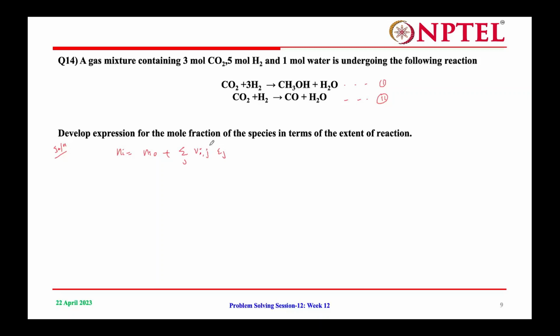Right. And to calculate the mole fraction, yi is equal to ni0 plus summation of vij times the reaction coordinate, over the total initial moles present plus summation over j of vij times the reaction coordinate. Right.